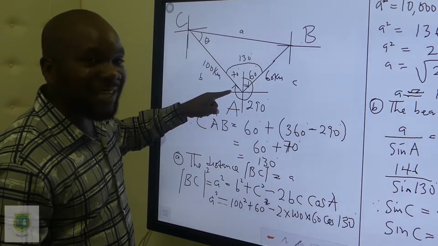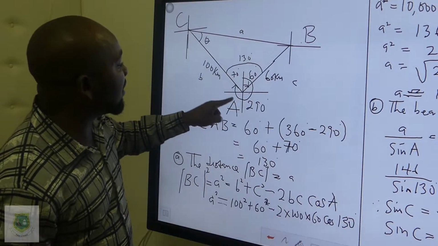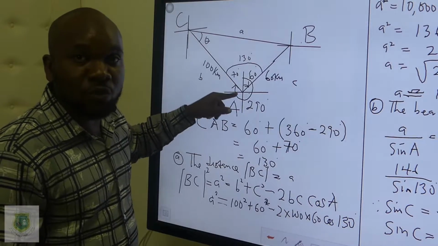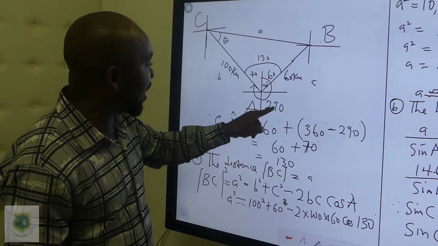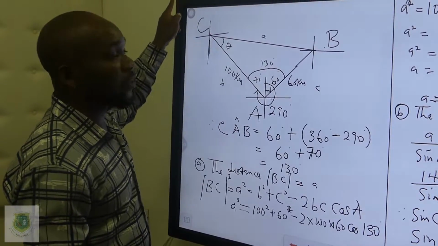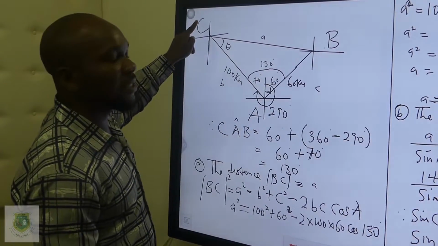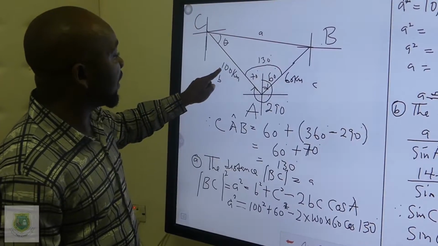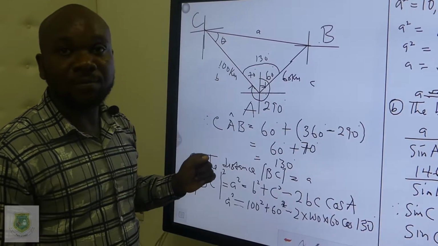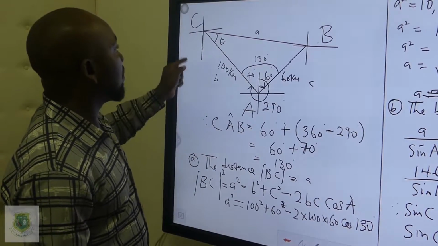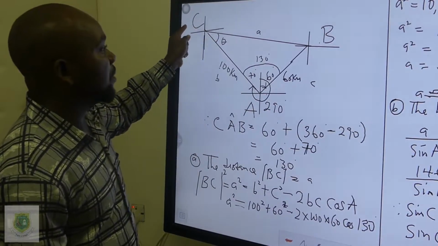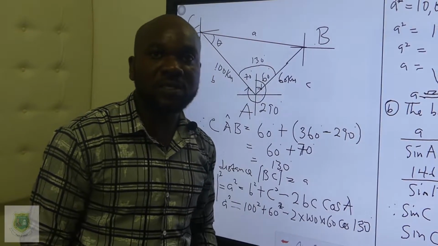From here is 270. Then 290 will fall into this last one. Then from here to here is 290. Then it took off and moved to dot C. The distance is 100 kilometer. Then now close this thing, join the 2 points.